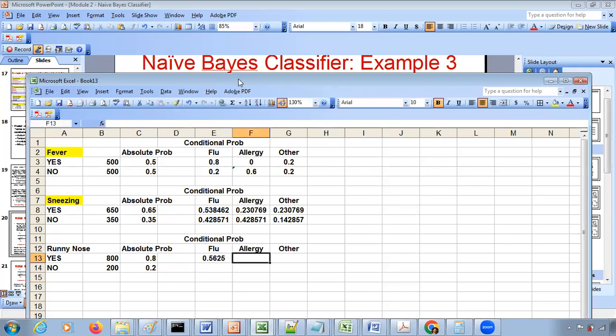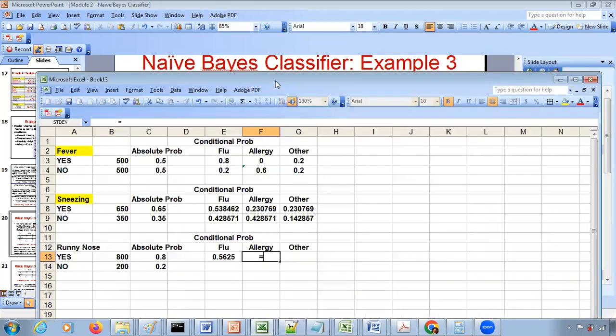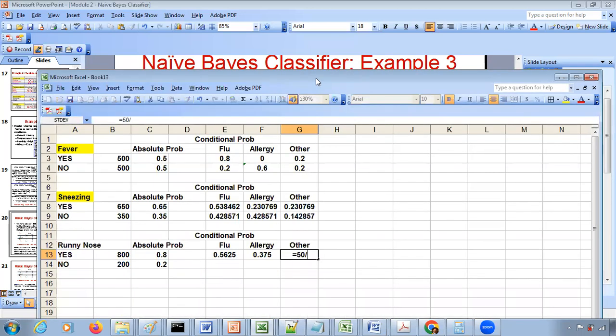Then out of the 800 with runny nose yes, 300 reported allergy. So it's going to be 300 divided by 800. And then out of 800 with runny nose as yes, 50 had other diseases. So it's 50 over 800.